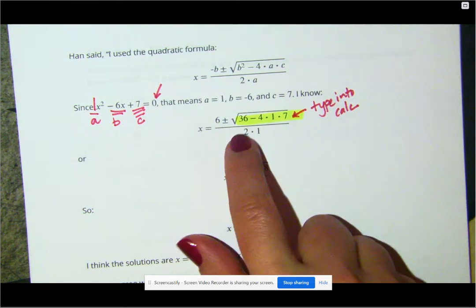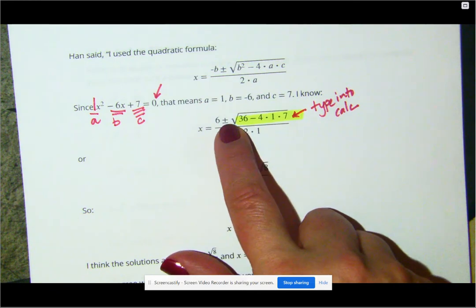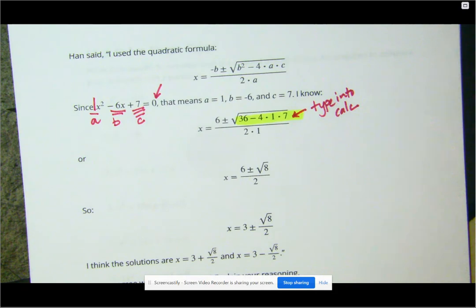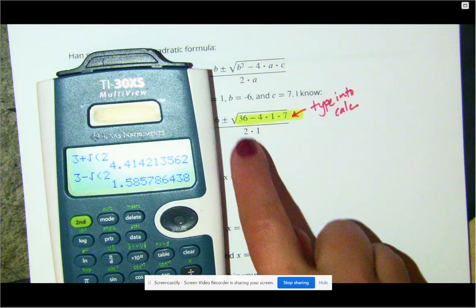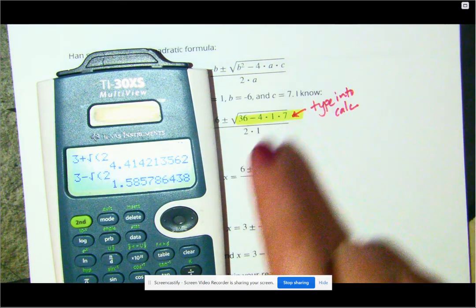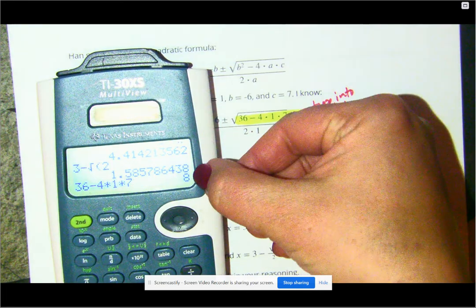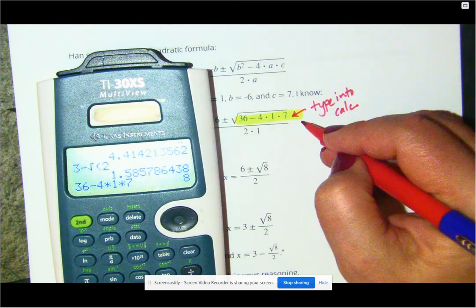And then some students try to do in their head 36 minus 4 first and then multiply. No, you got to follow order of operations, right? So I'll just show you on a calculator. Just type that whole line in. Do not type the square root yet. 36 minus 4 times 1 times 7. 8. That's how they got this.